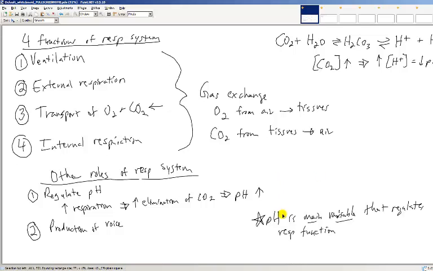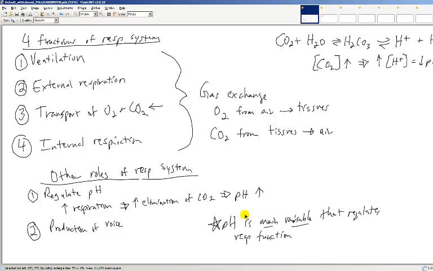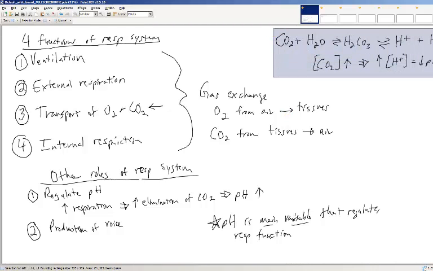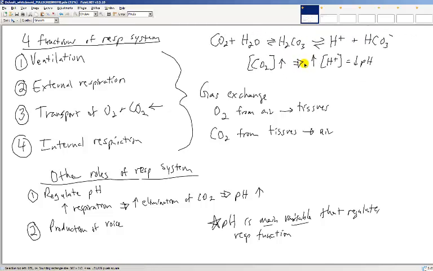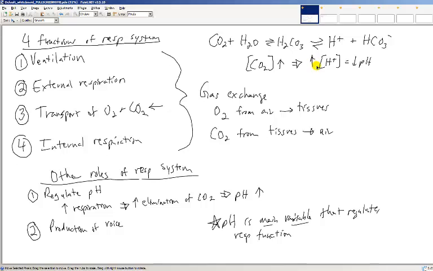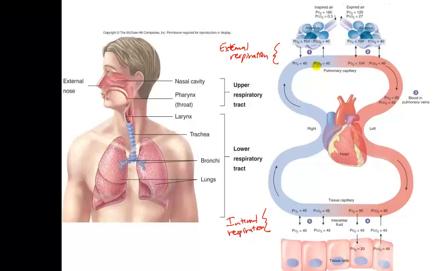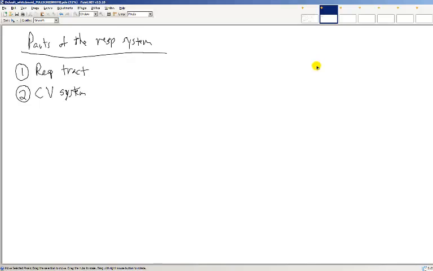So there's that part, and then here's the CO2 equation, which hopefully you all know anyway, but okay. Yeah, so parts of the respiratory system: respiratory tract, cardiovascular system.